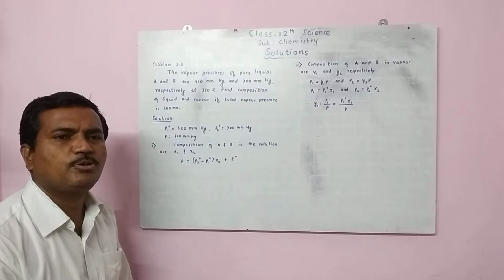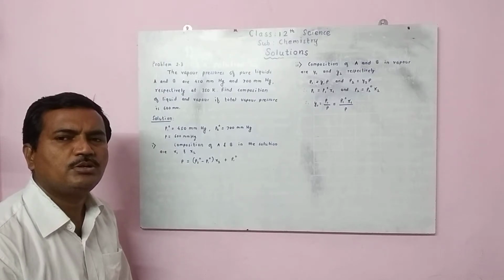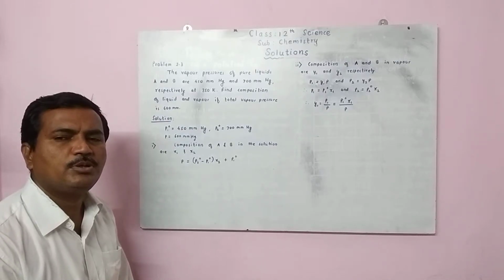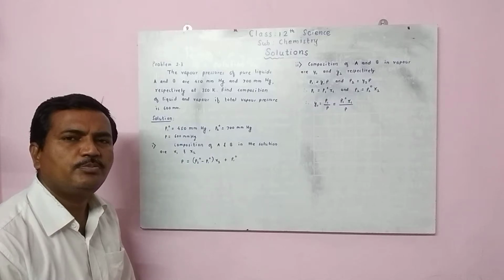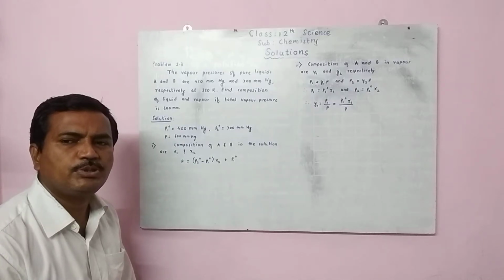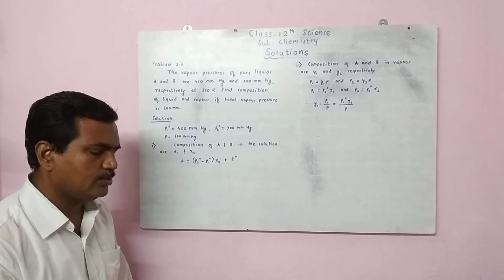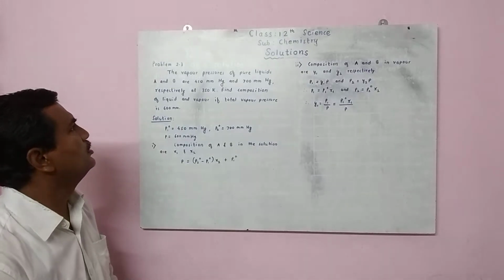We know that the sum of mole fractions was 1, so x1 equal to 1 minus x2. Therefore, Raoult's law becomes P equal to (P2⁰ minus P1⁰) into x2 plus P1⁰. On that formula, here is one problem in our textbook.